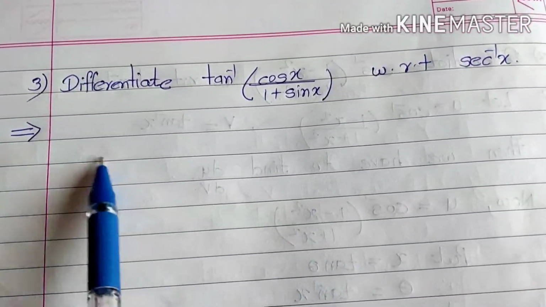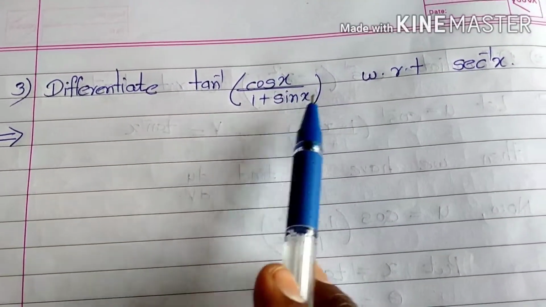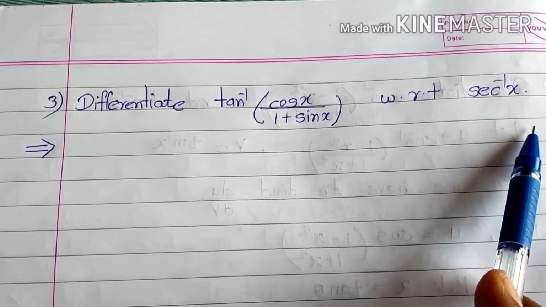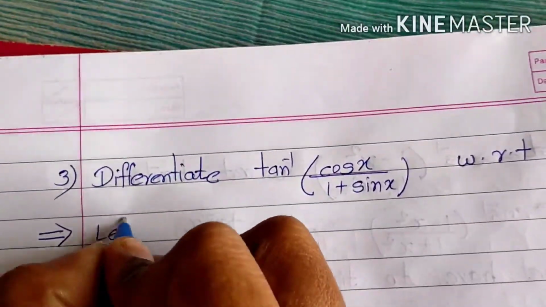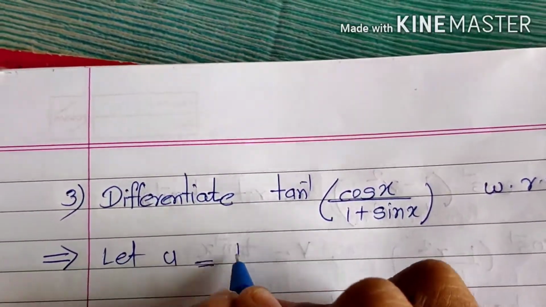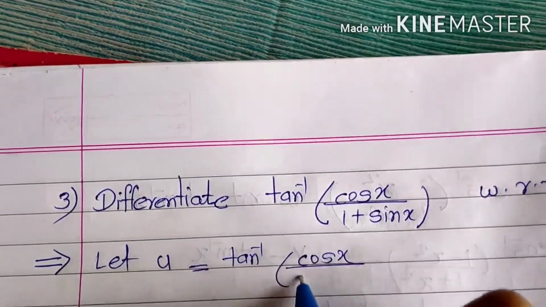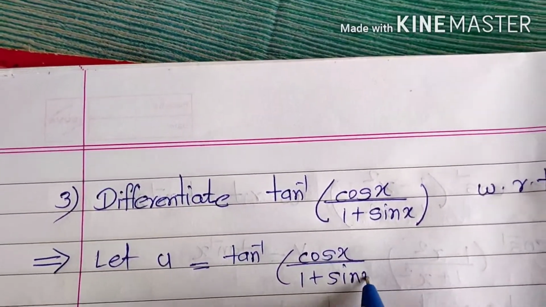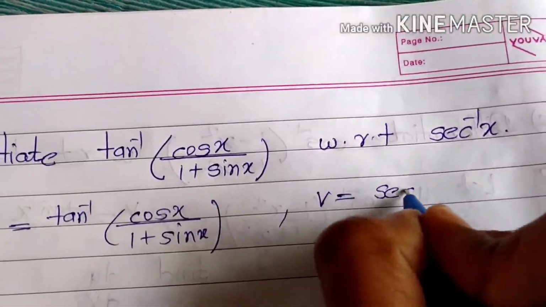Next example is differentiate tan inverse of (cos x upon 1 plus sin x) with respect to sec inverse x. So let u is equal to tan inverse of (cos x upon 1 plus sin x) and v is equal to sec inverse x.